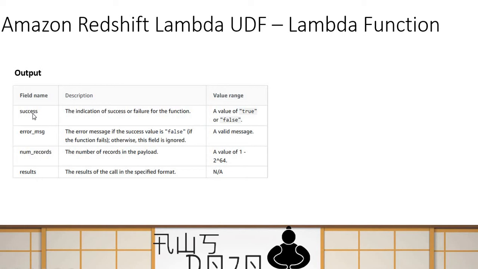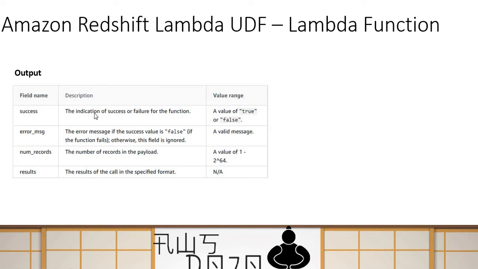The first field is success, and that value should be either true or false. True means your Lambda function has been successful, and false means your Lambda function has failed. So you might want to implement exception handling in your Lambda function, and based on the exception handling, you can set the value as true or false.